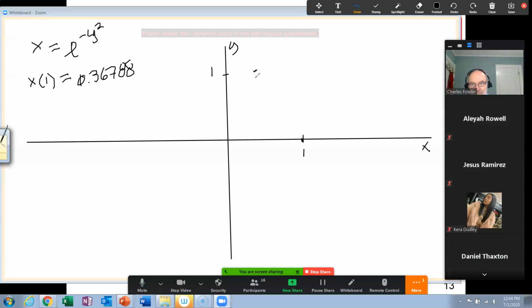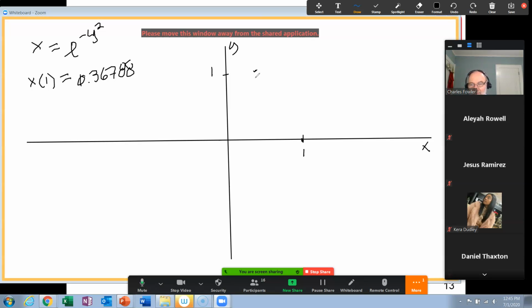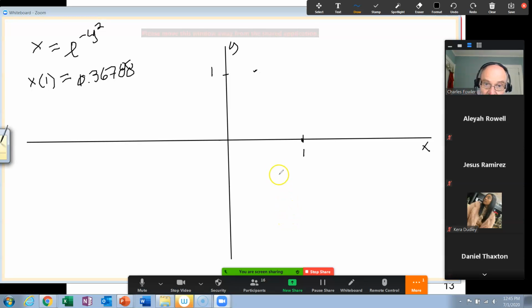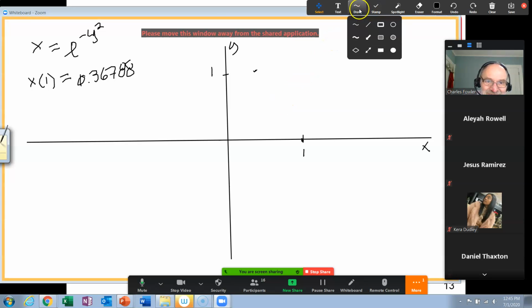Now if you wanted a value in between, say when y is 1/2, we do x equals e to the minus 1/4. Let's make that 0.25, negate it, and then do e to that. That would be about 0.6, so somewhere about here.